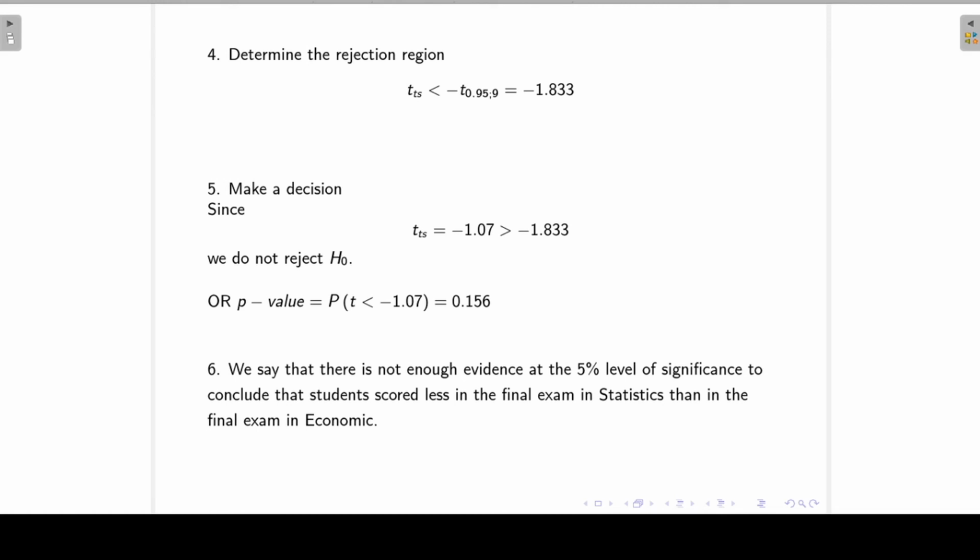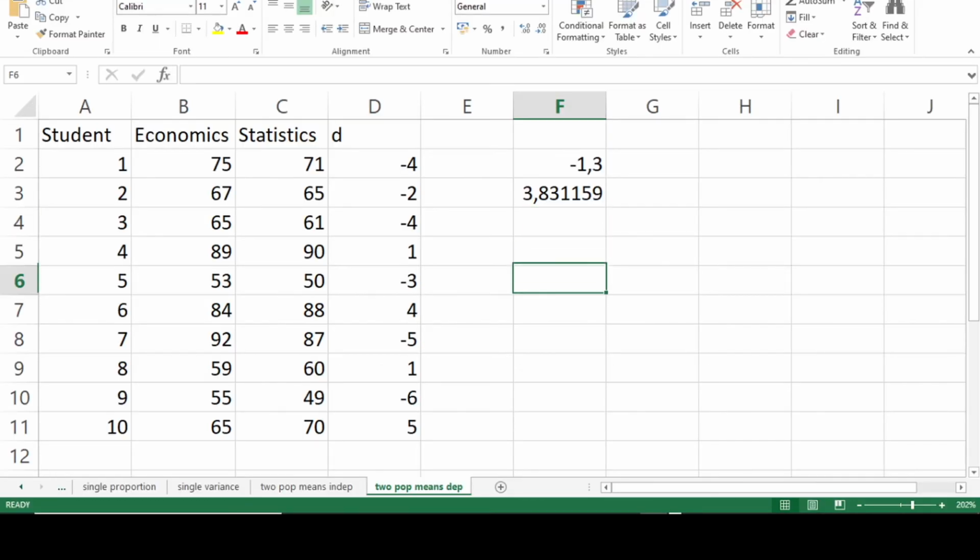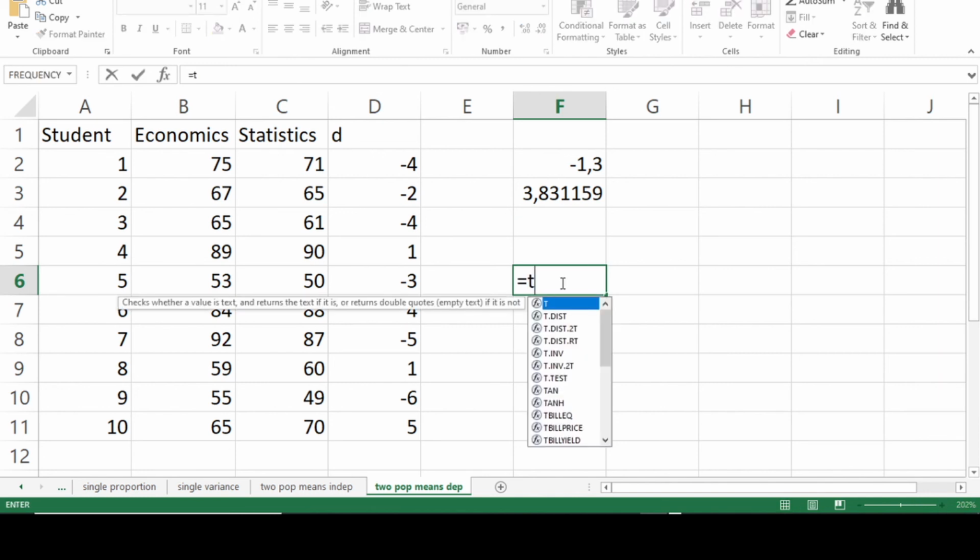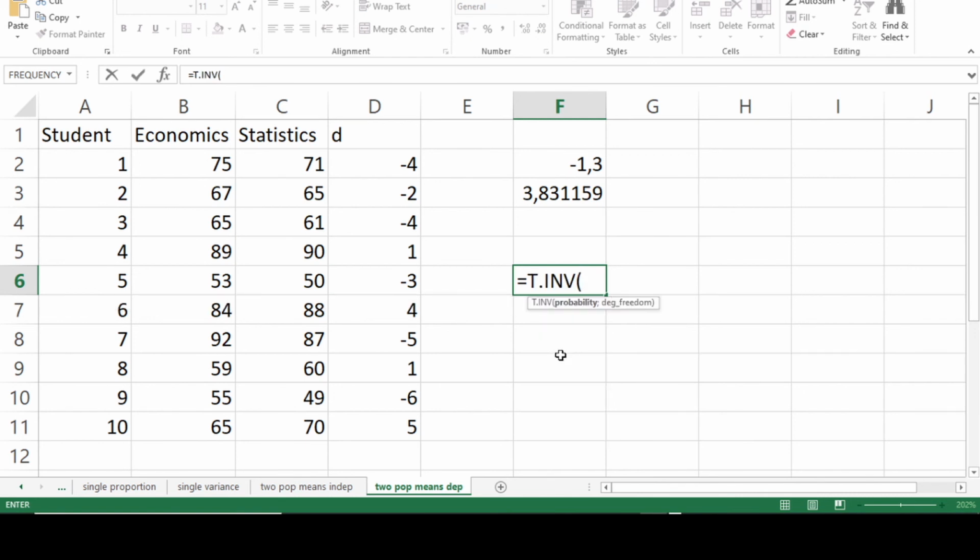So we can now in Excel also find our critical value and our p-value. To get our critical value, we make use of the T.INV function. We want to find 0.95 and our degrees of freedom is 9.